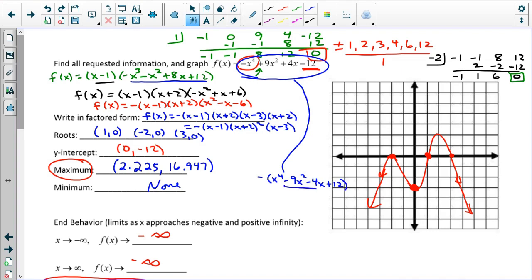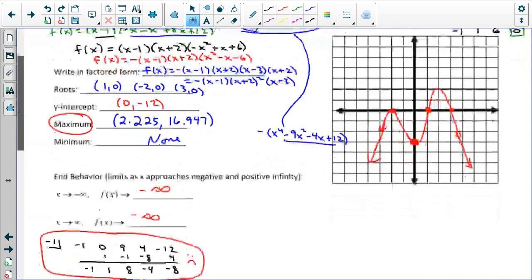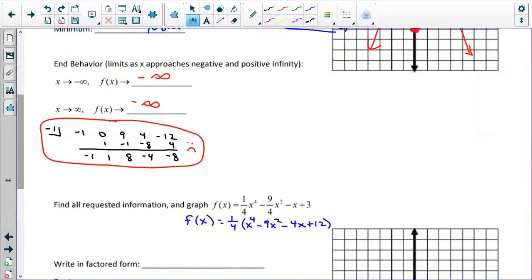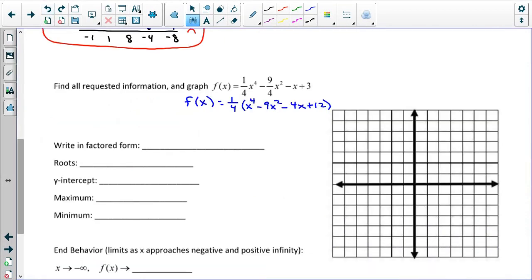Well, those look really, really similar. So because those look really, really similar, what I'm going to do is assume it factors into the exact same things that the previous problem factored into. And I hope I'm going to be right on that.